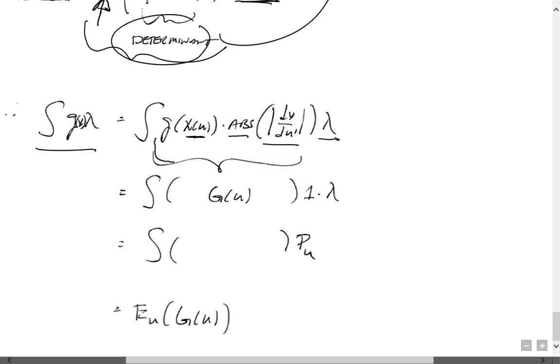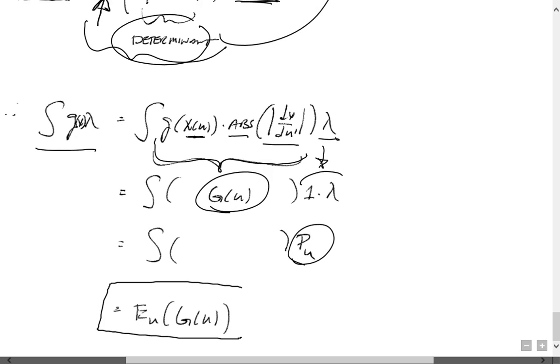Notice that all of this up to lambda we will call capital G of u. Lambda is again just 1 times lambda, but since my u here is uniformly distributed, a multivariate uniform distribution, I therefore have the expected value under u of G of u.